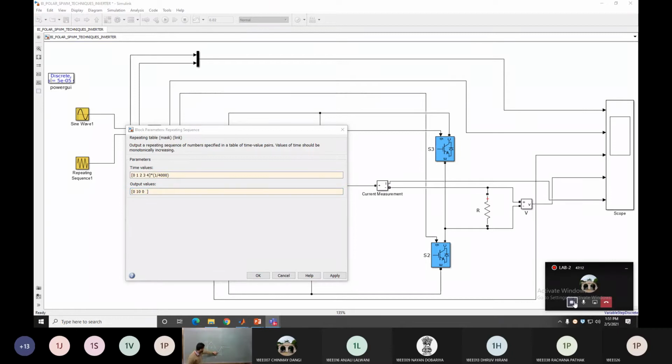See here, at this third point, what is the magnitude? It is -10. Negative, yes or no? Do you understand or not?